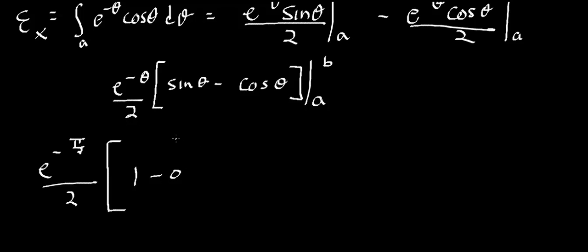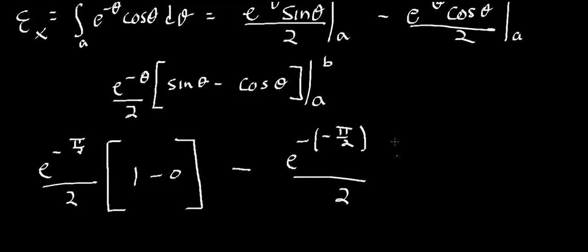This is 0, okay? And then we subtract off from that, evaluated at the lower limit. So this is, A is negative pi over 2. So this is e to the negative, and then we evaluate theta, it's negative pi over 2 over 2, multiplied by, what's sine of negative pi over 2?